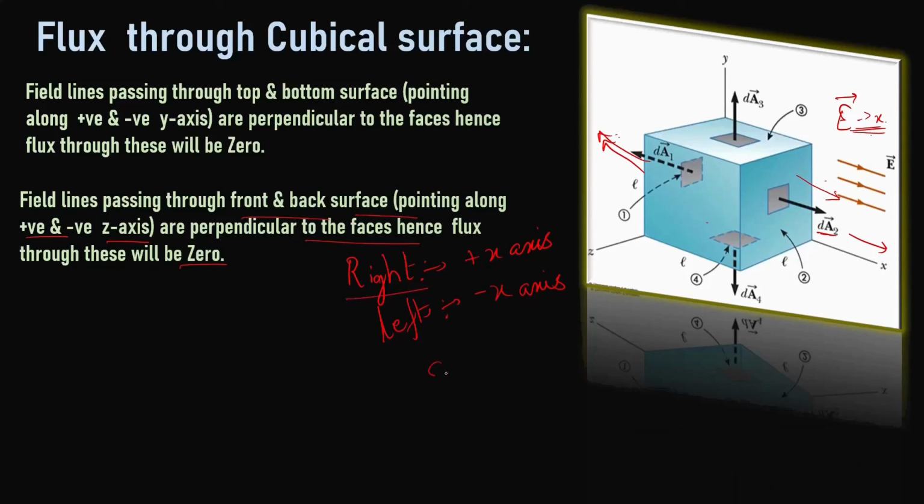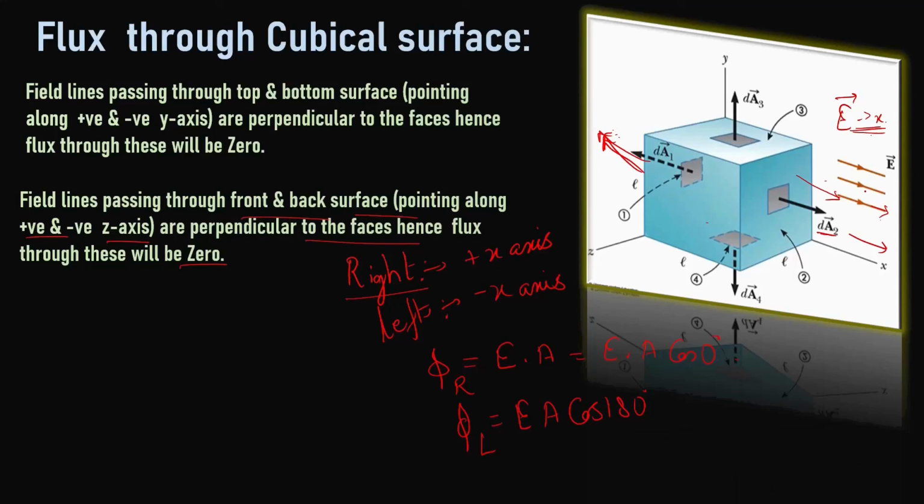Let us see the flux associated with the right face. We write it as phi R. It will be E dot A, that is E A cos 0 degree, and cos 0 degree is a positive value. Similarly, the flux associated with the left face will be E A cos 180 degrees, because the electric field is along the positive x-axis and the area vector is along the negative x-axis.